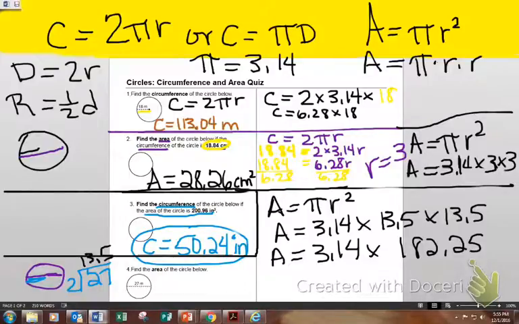A very common mistake is multiplying 13.5 times 2. The little exponent means I multiply that number by itself. The area final value is 182.25 times 3.14, which is 572.265 meters squared, because I'm talking about the area of the figure.